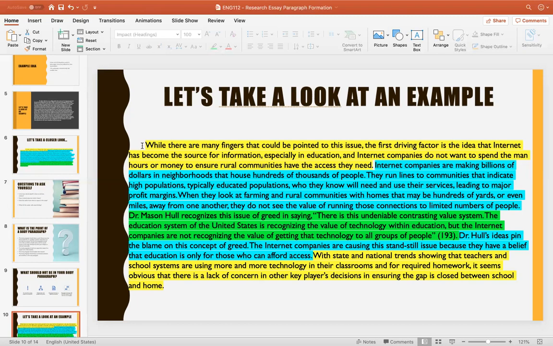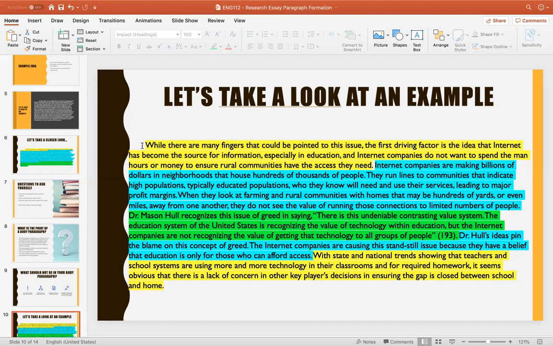And then what you see, guys, is I elaborate on that research, again, using my own words to make the connection to the topic that I wrote about. Dr. Hull's ideas pin the blame on this concept of greed. The internet companies are causing this standstill issue because they have a belief that education is only for those who can afford access.